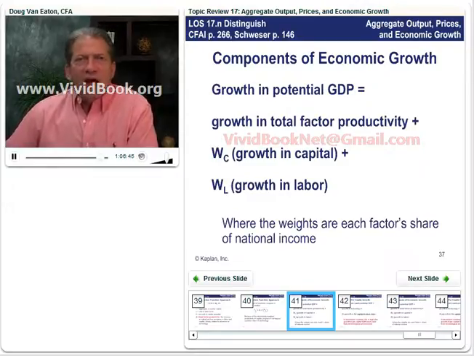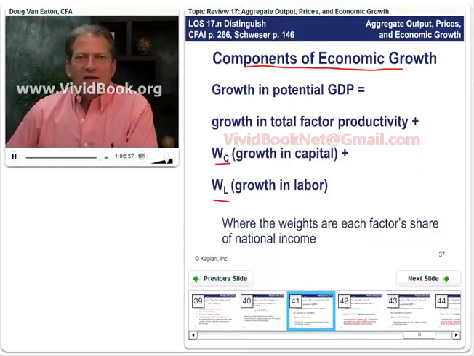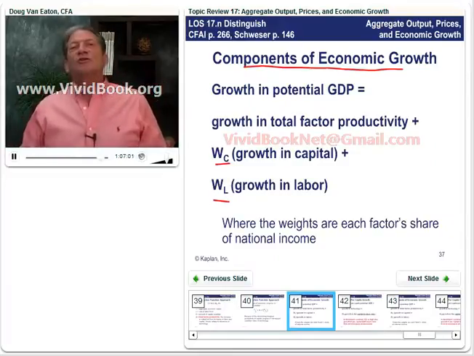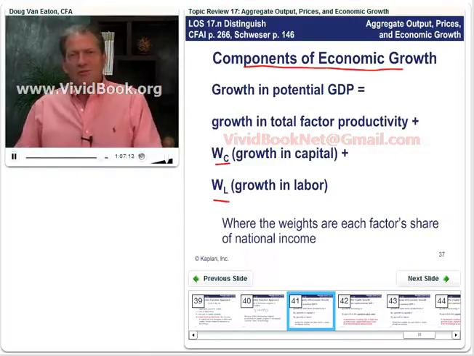So now we can break this down into our components of economic growth. The weight in capital and the weight in labor is their factor shares of the output, right? If in a simple economy we define it as just two inputs, capital and labor, well, capital gets paid some of the output, and labor gets paid the rest of the output.